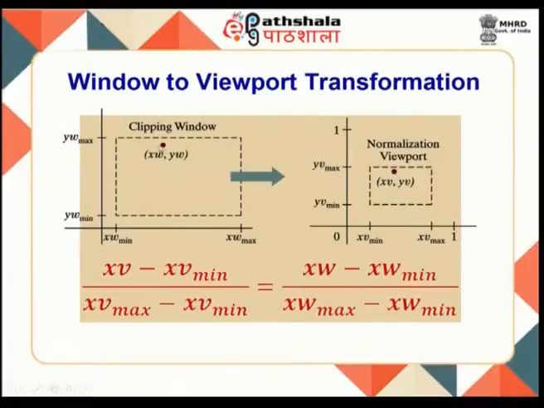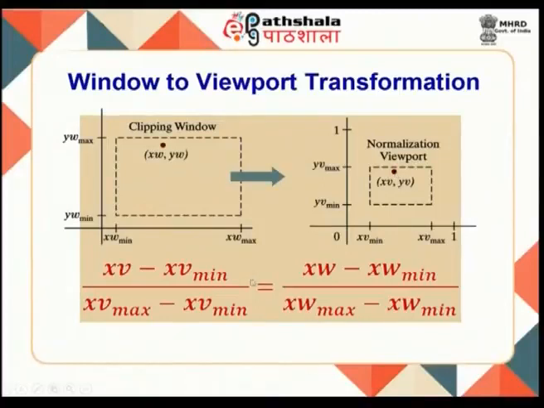Say, for example, this point is exactly in the middle along the horizontal direction, so at 50% distance. This should also be exactly at 50% distance from the left boundary in the viewport. That is our assumption, and that is what we are going to do here.